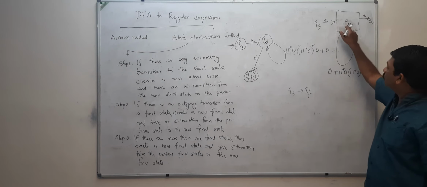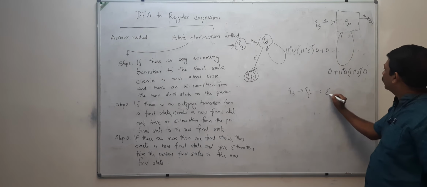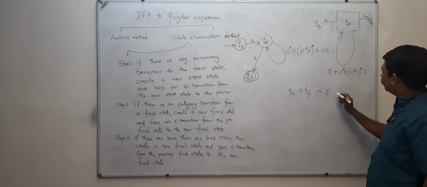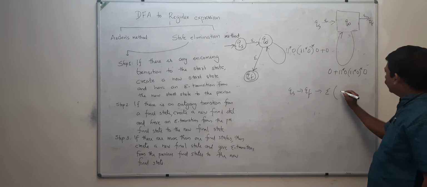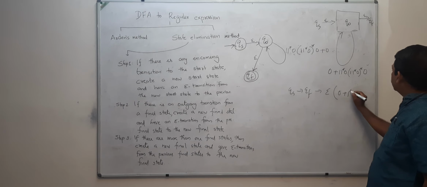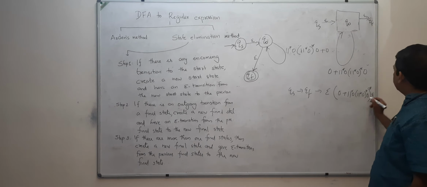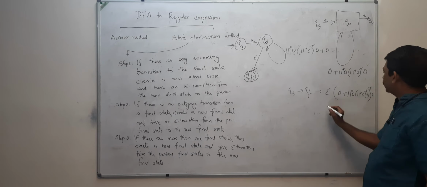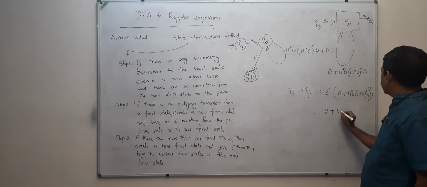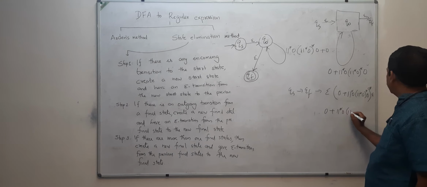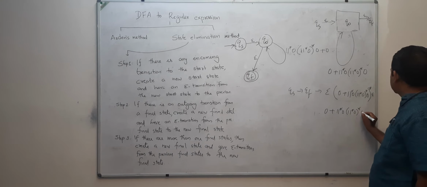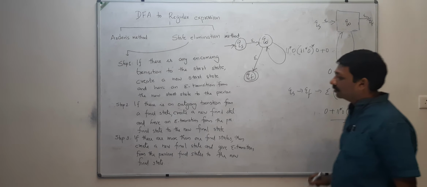From QS to Q0 you have epsilon followed by this one repeated for staying in Q0, that is 0 or 1 star 0, 1 star 0 star 0, the whole star followed by epsilon. Epsilon dot epsilon means this is 0 or 1 star 0 followed by 1 star 0 star 0. So this is the required regular expression.